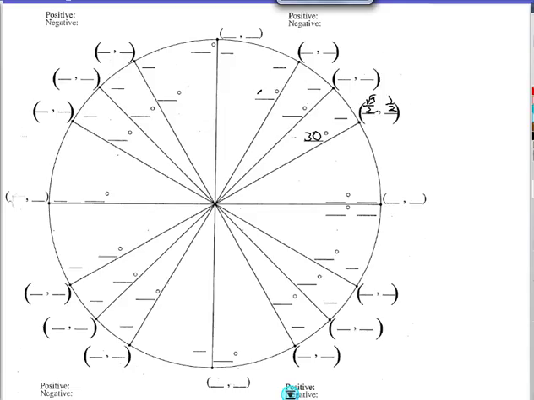It's going to be this one right here, 60 degrees, and what's the coordinates of the point? A half, square root of 3 over 2. Does that make sense?